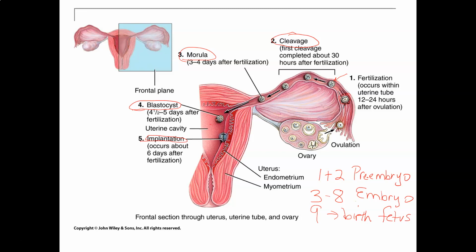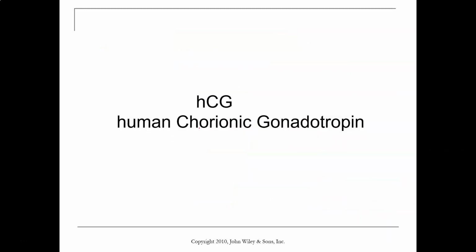Okay, so the main event that occurs to prolong the secretory phase is that the blastocyst itself is going to secrete a hormone. Here's the name of it. Human chorionic gonadotrophin is the name of it. Long name. HCG.